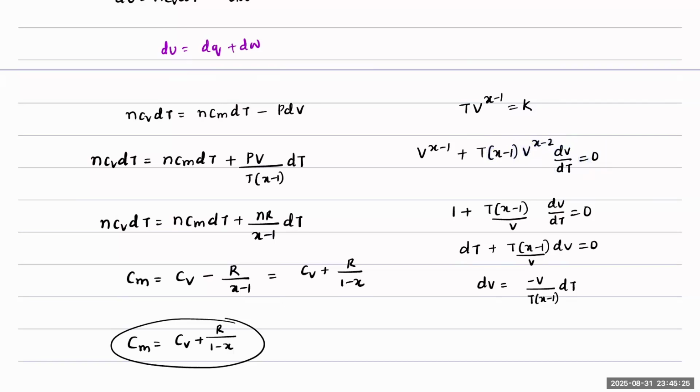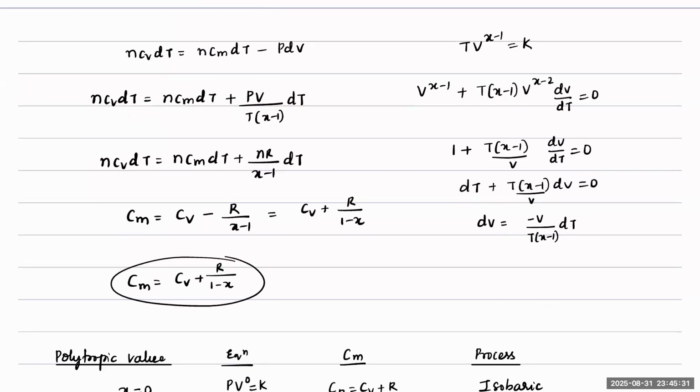So I'm differentiating this entire left hand side and right hand side with respect to T. So on doing that, now you can see V raised to power of x minus 1 comes out to be common, so you can delete that. So what is left is V raised to power of x minus 1 by V, so that V will remain here. So 1 plus T into x minus 1 by V into dV by dT equal to 0. And if I multiply everything with dT, so dT plus T into x minus 1 by V into dV equal to 0.